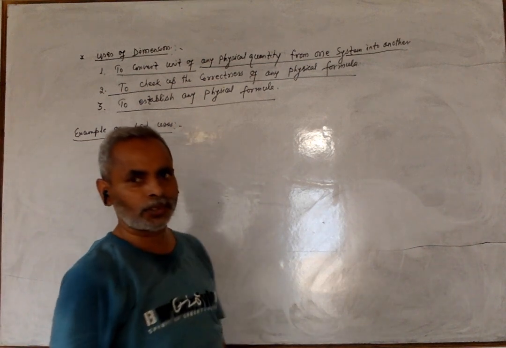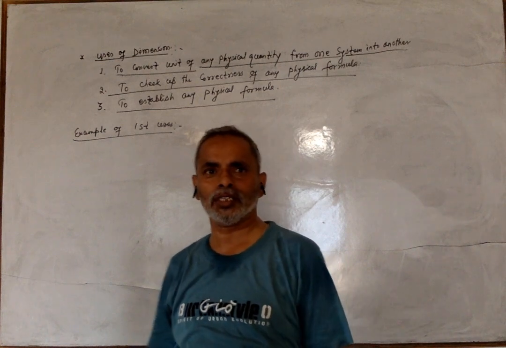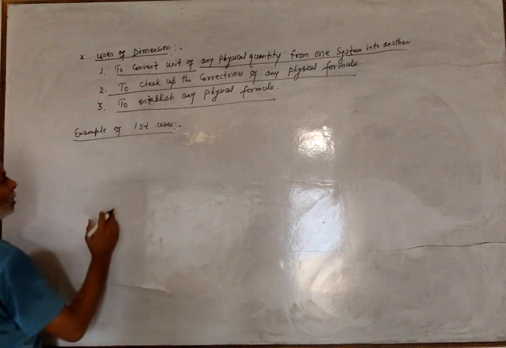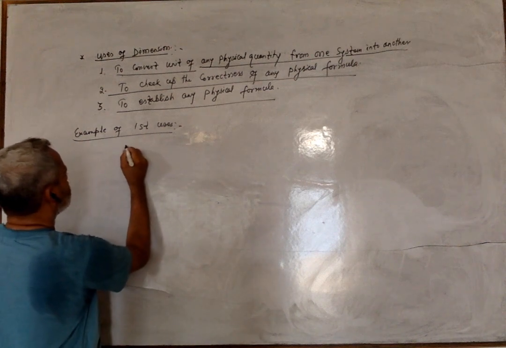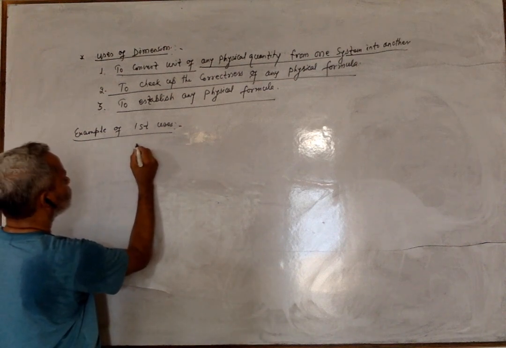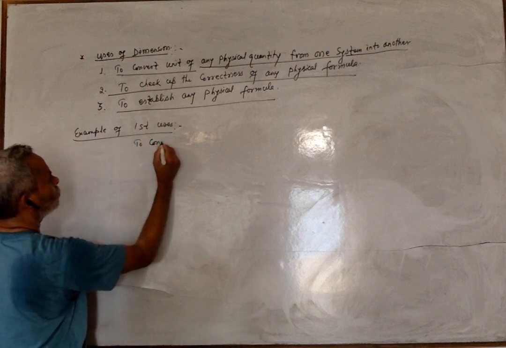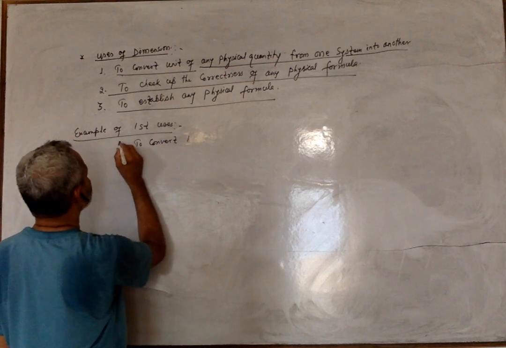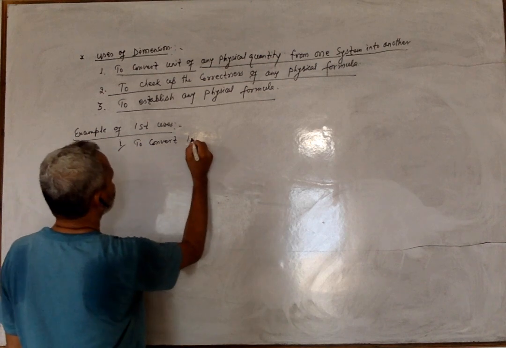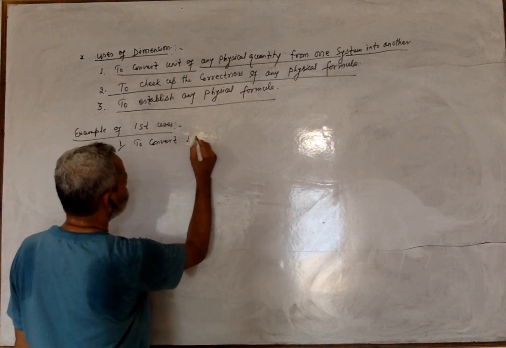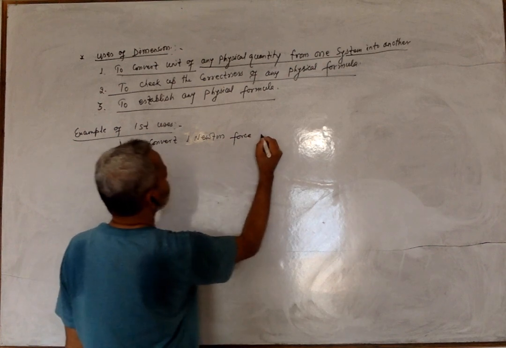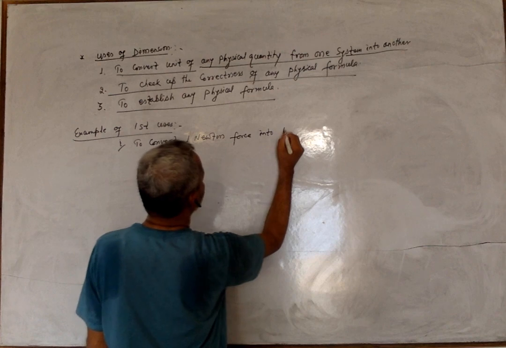For the conversion of units from one system into another, a formula is generally used in the dimension method. The example is to convert 1 Newton force into dyne.